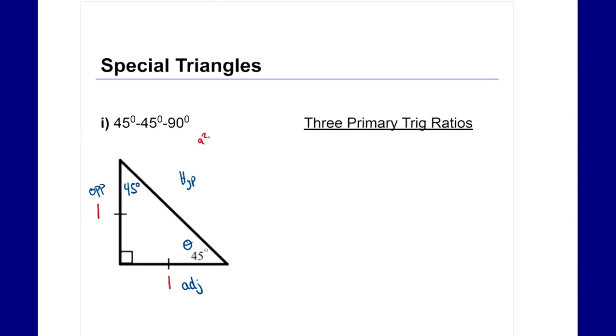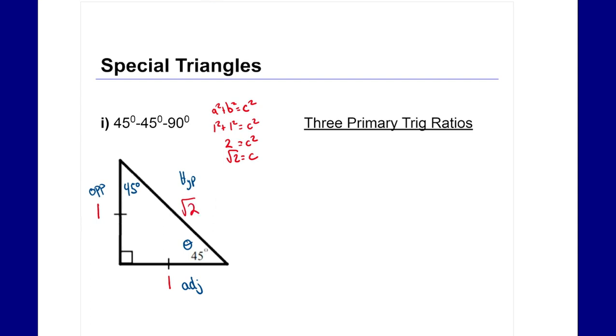So a squared plus b squared equals c squared. 1 squared plus 1 squared equals c squared. 1 squared is 1 plus 1 squared, which is 1 again, so I get 2 equals c squared. Then to get c by itself, I take the square root of both sides. So the square root of 2 equals c. I'm going to leave it as the square root of 2, and that is going to be my hypotenuse.